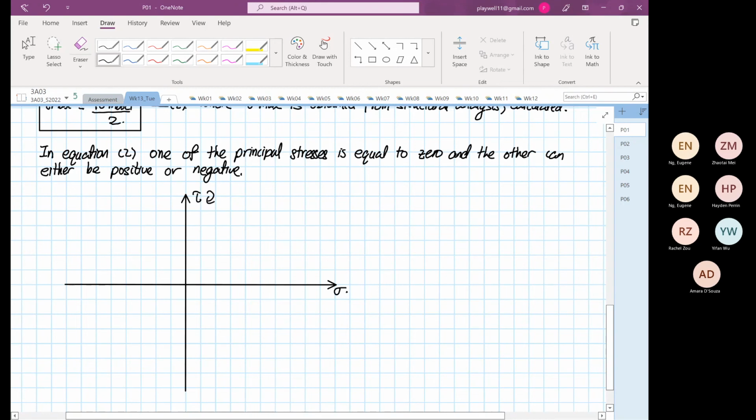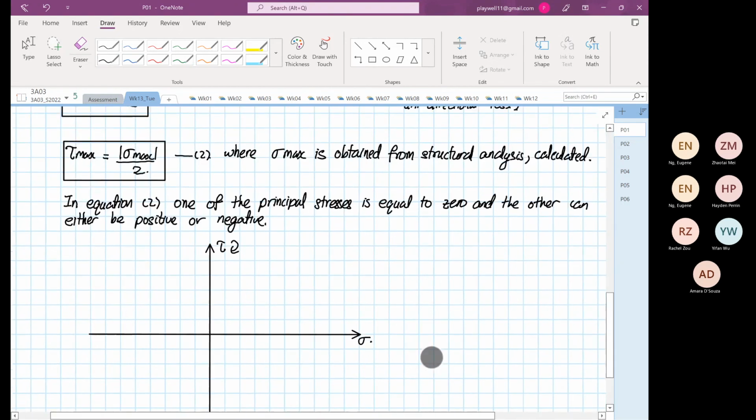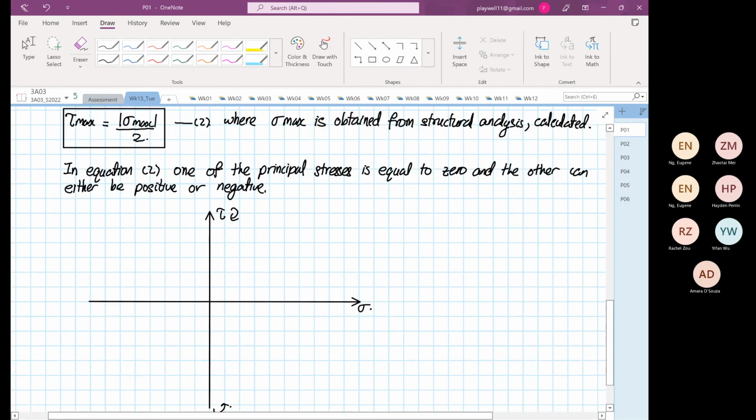Element rotate clockwise, element rotate anti-clockwise. Over here I'm going to put our yield stress. At this point this is our sigma yield, and over here this is our minor yield stress.